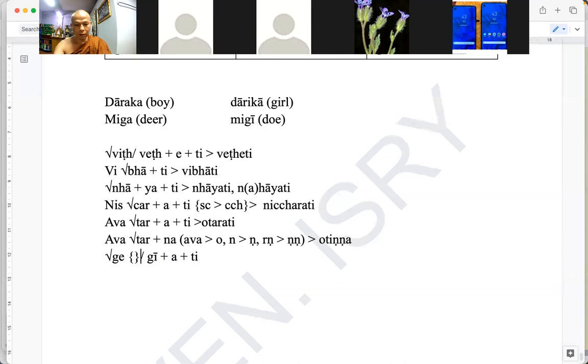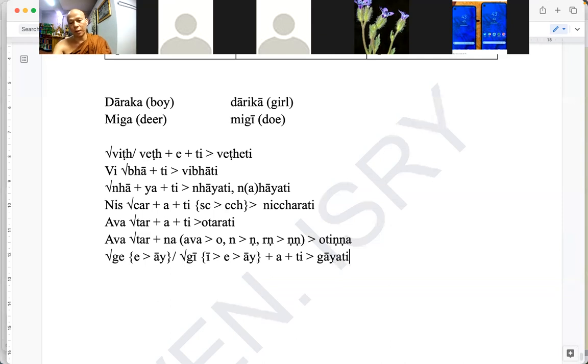So here, A is changed to the I, yeah, but for the gi, one more step. So E is changed to the A, and A is changed to the I in this way.